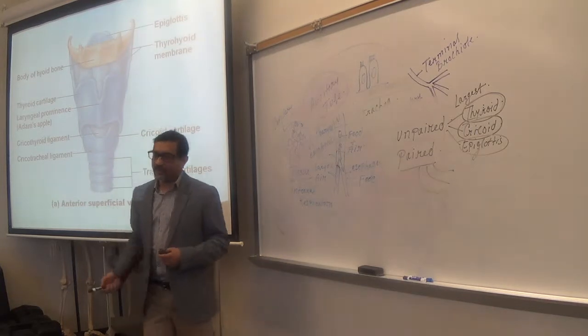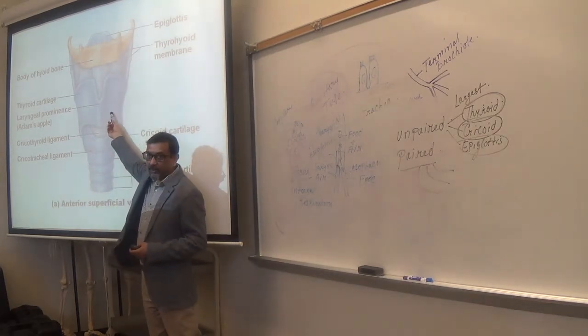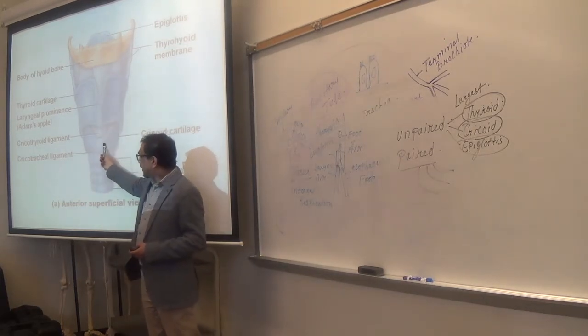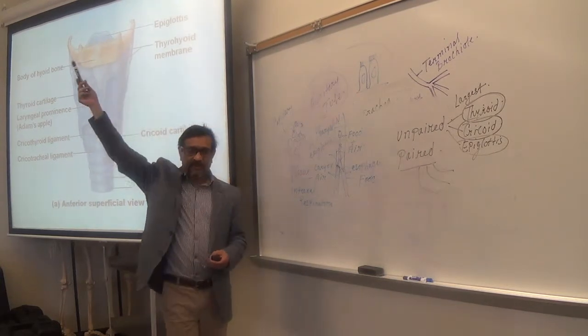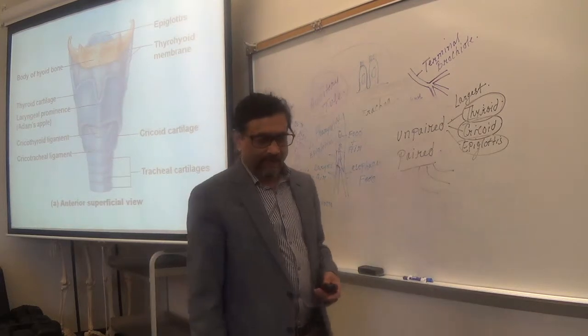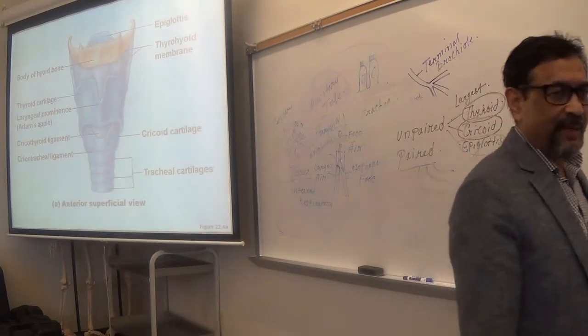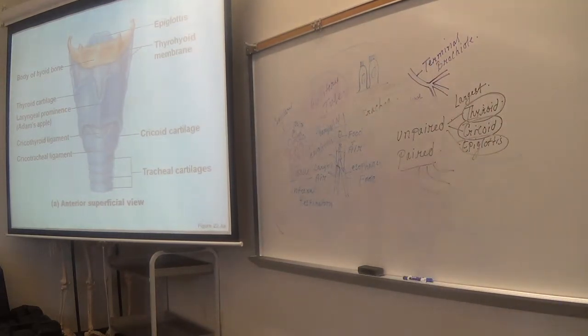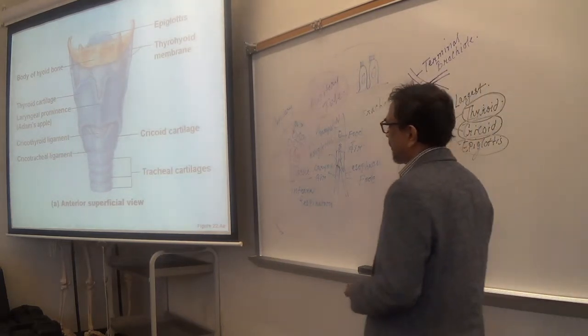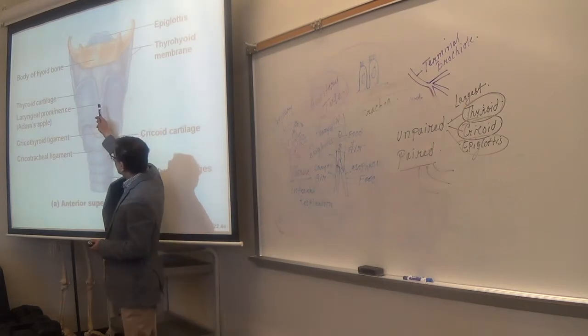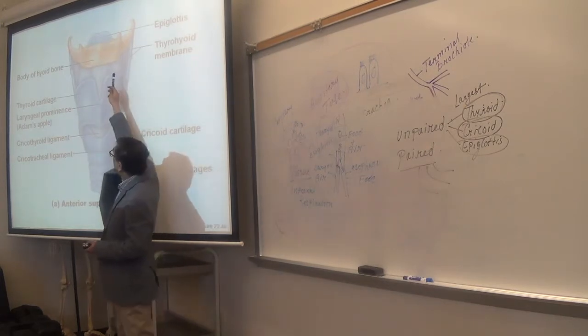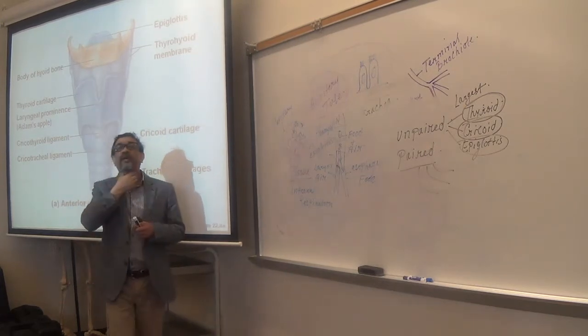So this is the thyroid, the larger one. This is the cricoid. Okay. That is the epiglottis. Paired cartilages you can see in the back of the larynx. But before we go there, just see here that this is the hyoid bone, the lonely bone here, hyoid.